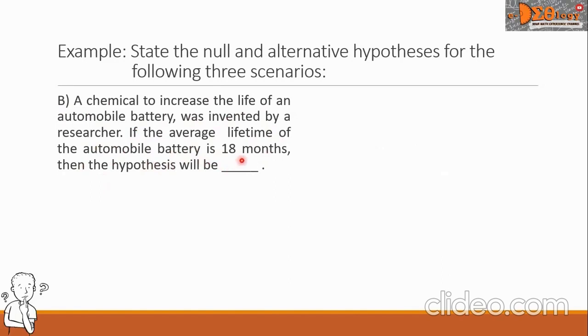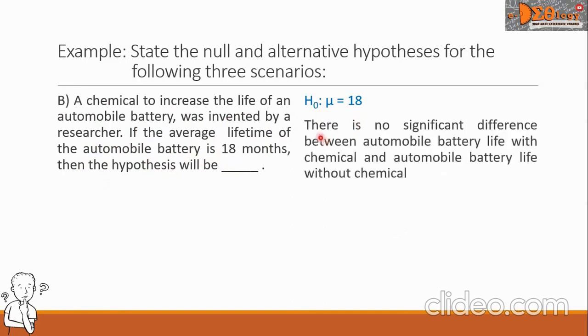Let us start with the null hypothesis, and we write H sub 0 colon mu equals 18. In words, we can write there is no significant difference between automobile battery life with chemical and automobile battery life without chemical.